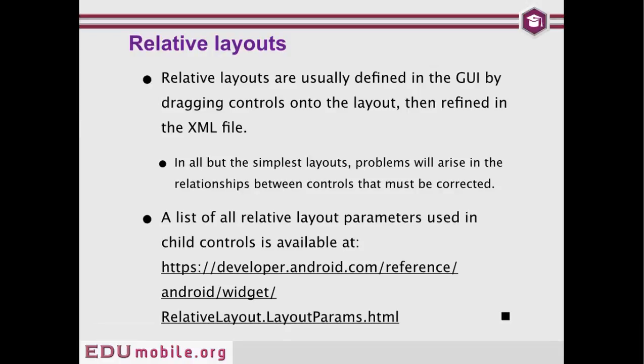Relative layouts, especially if they are more than a little complex, are usually defined in the GUI by dragging controls onto the layout and then refined in the XML file. So as I already said, in all but the simplest layouts, problems will arise in the relationships and the references between the controls that you'll need to correct in the XML. And as we go forth with relative layouts, you will see us doing this in the demos.